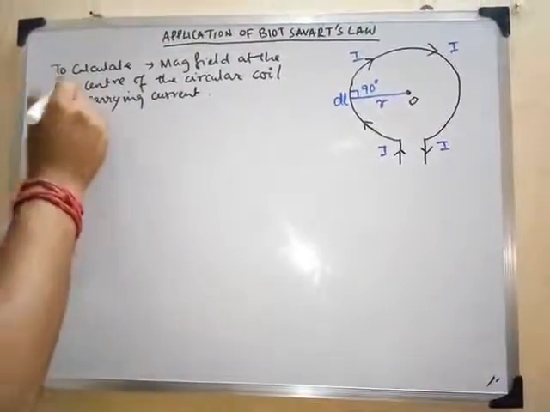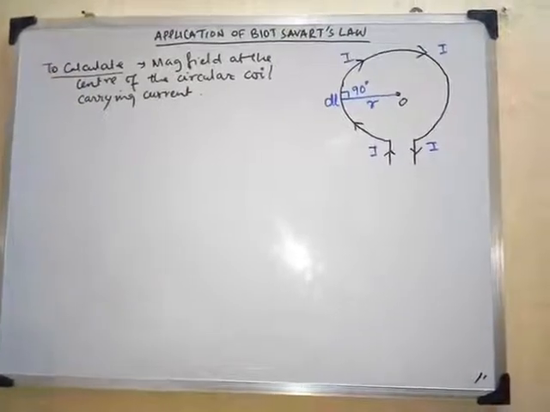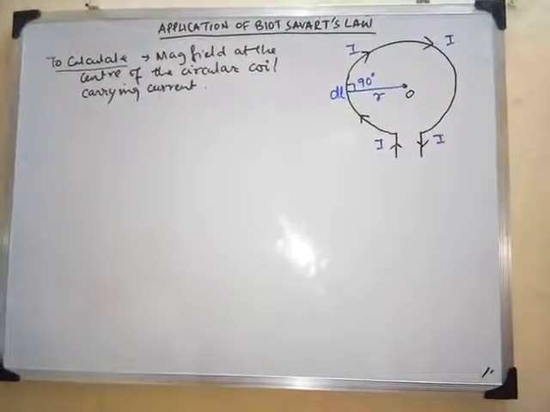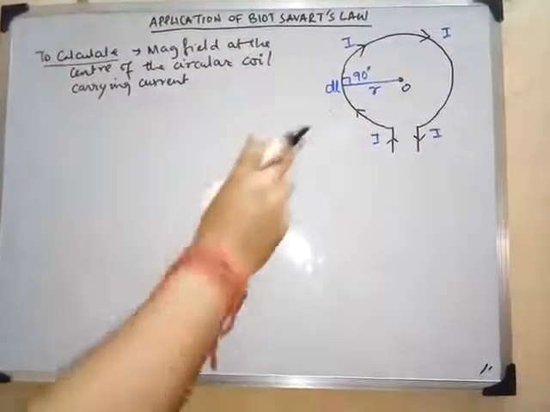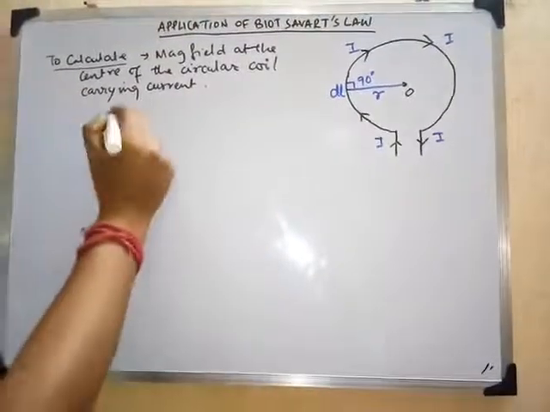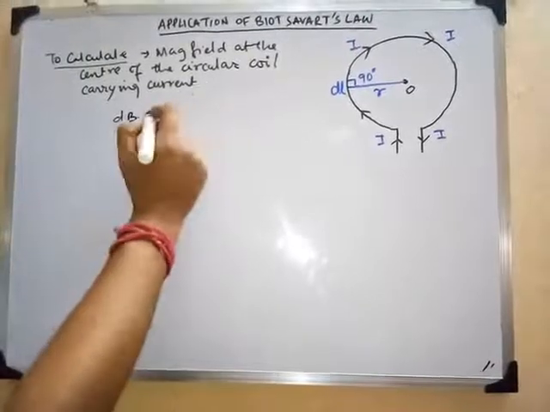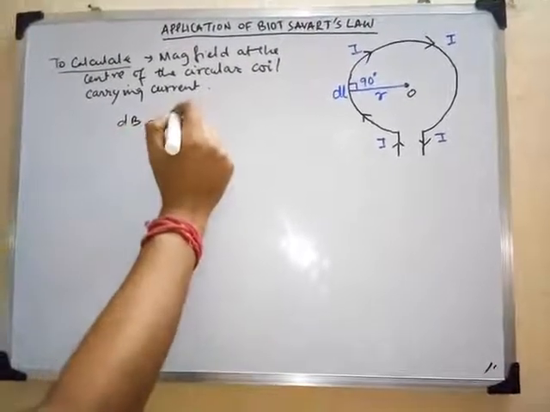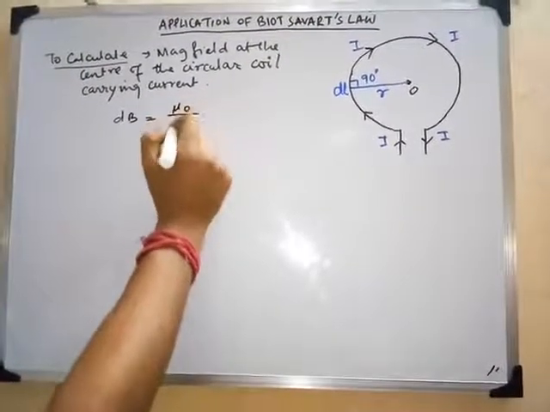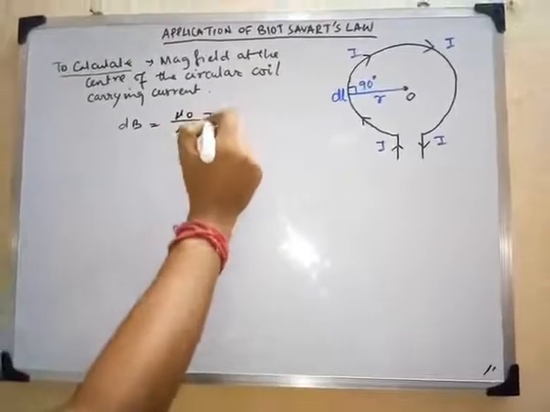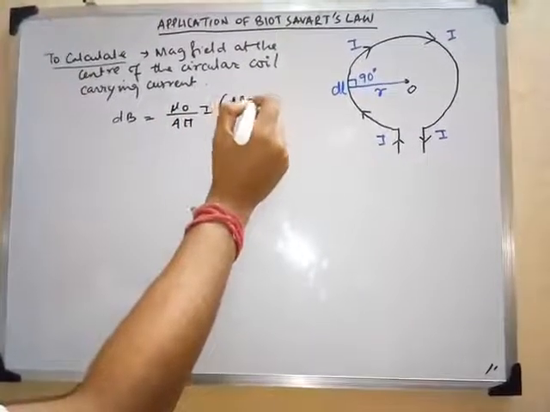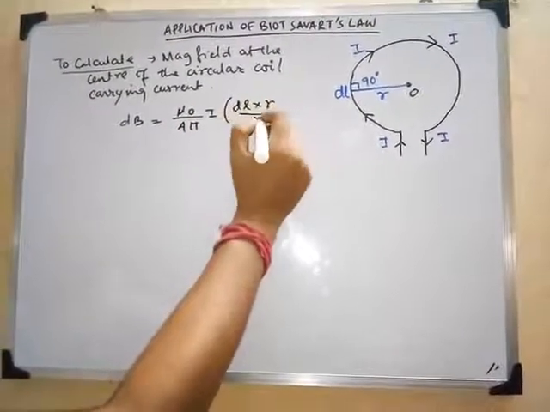This is what we are going to calculate. So we know that the magnetic field at the center due to the smaller length element dl, we can calculate that first. So we will write the magnetic field dB is equal to mu naught by 4 pi I dl cross r by r cube, right?